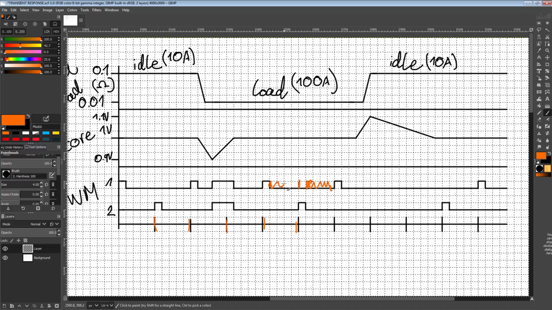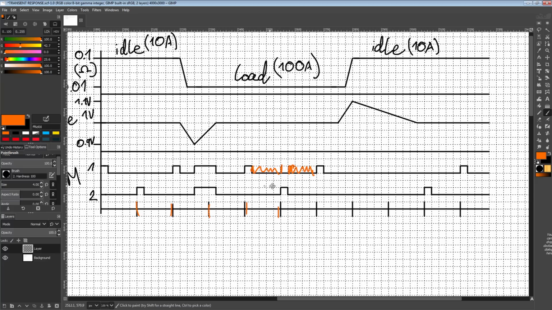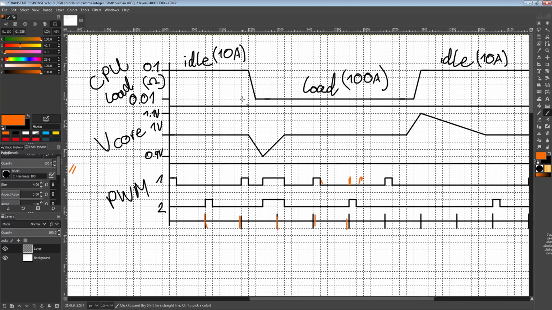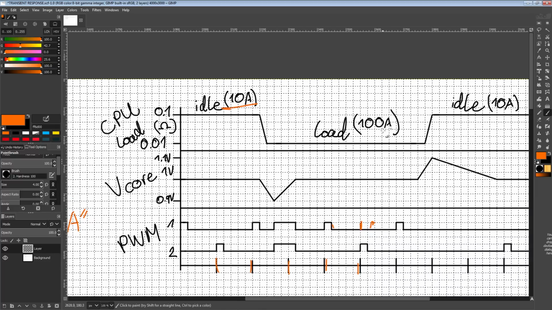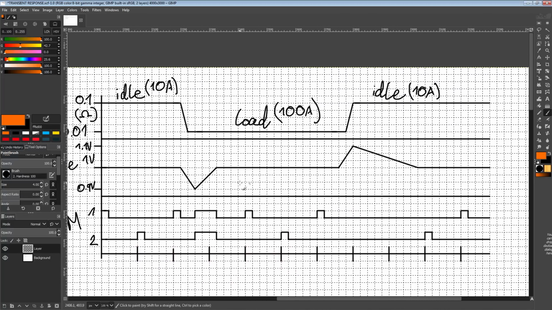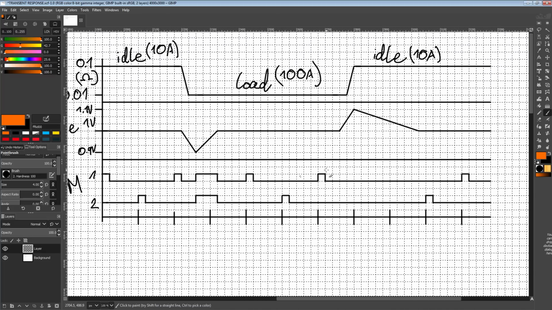It also conveniently works out to be a 10% duty cycle, which I could have said is aiming for 1.2 volts, but then 10 amps and 100 amps would be like 12 and 120, and it makes the numbers uglier, in my opinion. Anyway, so then we return back to steady state operation. Everything is great because we're back at 1 volt.